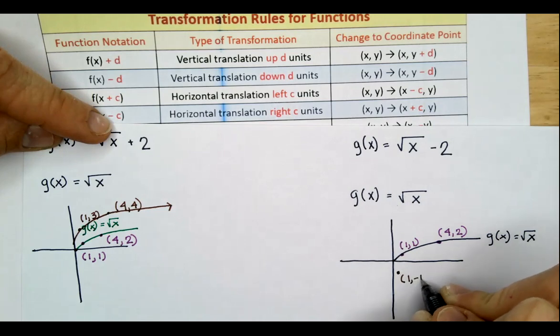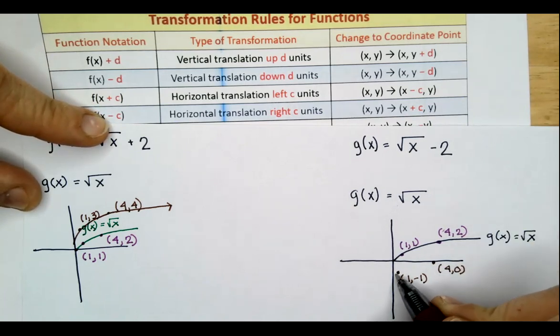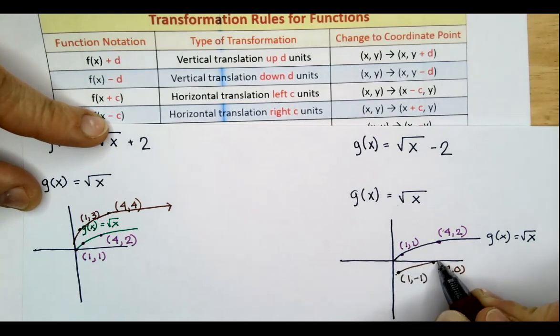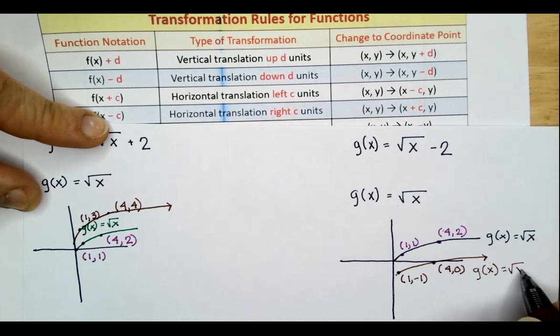So that's 1, negative 1. 4, 2 is going to be 4, 0, because 2 minus 2 is 0. So that's now the graph of g of x is the square root of x minus 2.